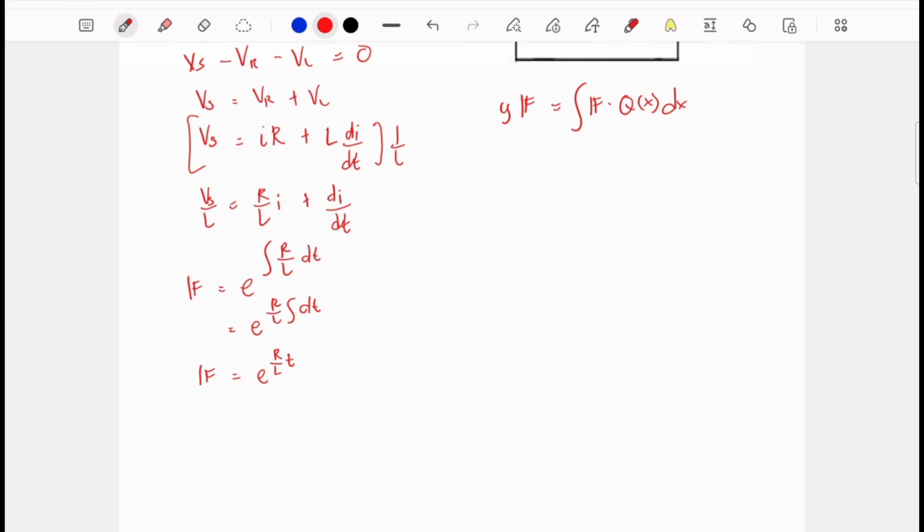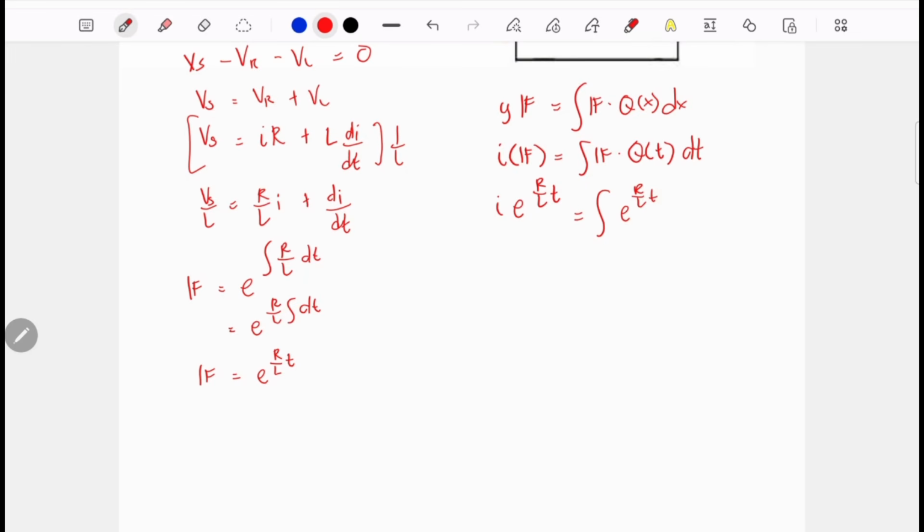Since our equation is linear in I, this y should be I. Then multiplied to IF equals integral of IF, then Q of x, this should be Q of t, then dt. Our IF is e to the R over L t.